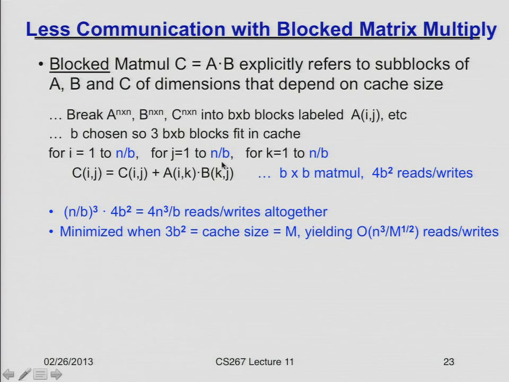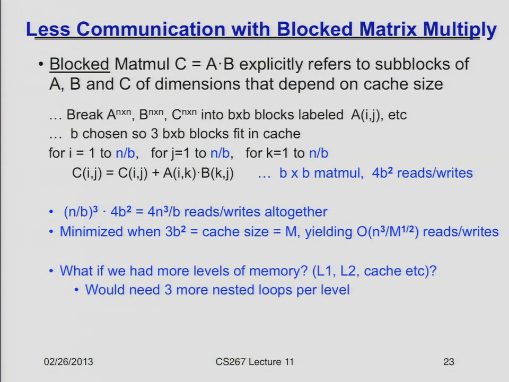And so how big can I make it? And the answer is that all 3 of these submatrices better fit in cache. So 3b squared is the cache size, and that hits this value of n cubed over m to the 1/2. That's the best we can do with this algorithm. And in fact, it hits the lower bound no matter how you do it.